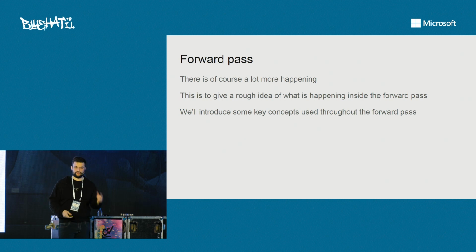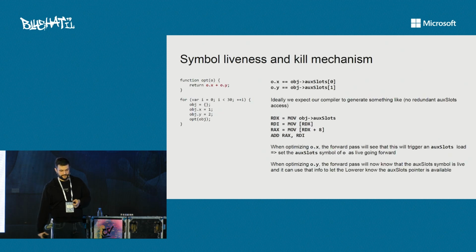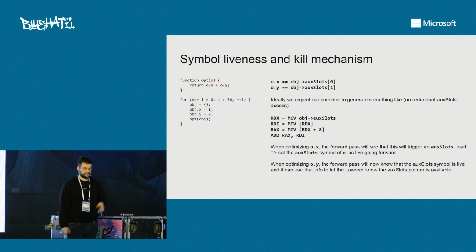And I'll introduce two key concepts that I use throughout the Chakra JIT compiler to perform the optimization. The first one is called symbol liveness. If you've done some data flow analysis, you probably know that term. It's what the Chakra team uses as lingo as well, so you will find those words in the code. We take the same example, where we add two object properties together.